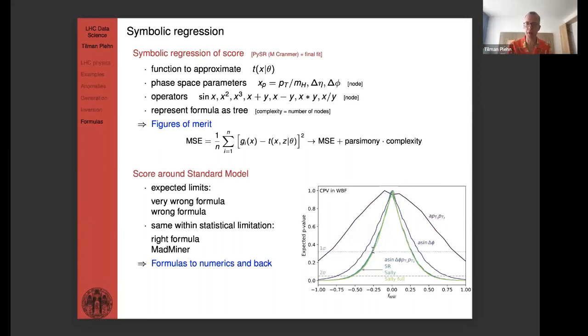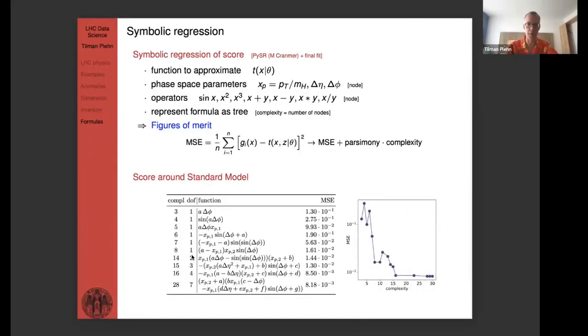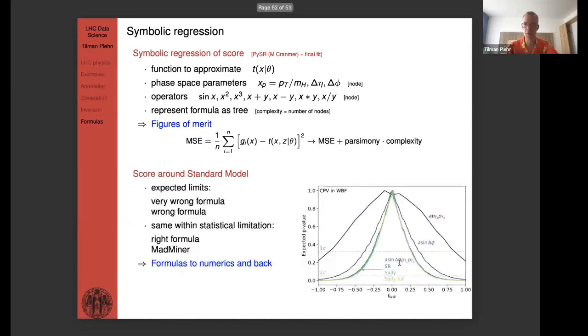It tests something, but it's not as good as the Matrix Element results from Kyle Cranmer and collaborators, which are in the screen curve. But then our symbolic regression result that I just showed you, the figure that's here, that's only complexity 8. You see, it's numerically totally identical, within uncertainties, to the full result.